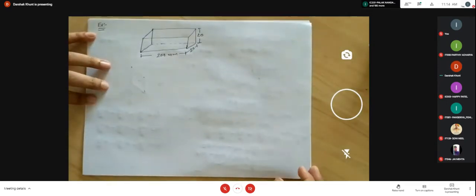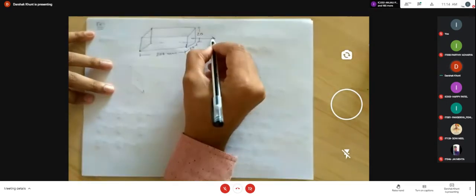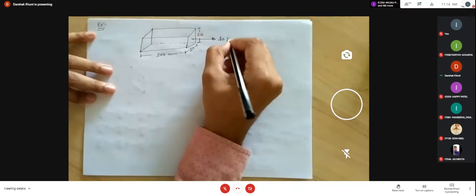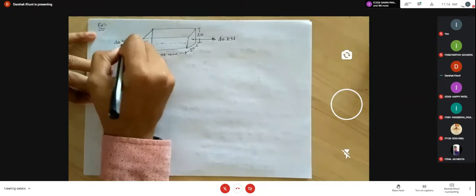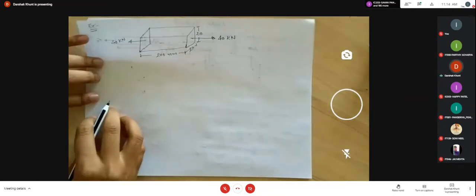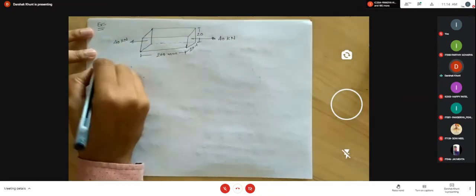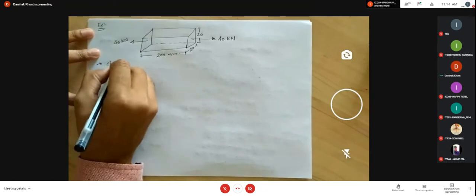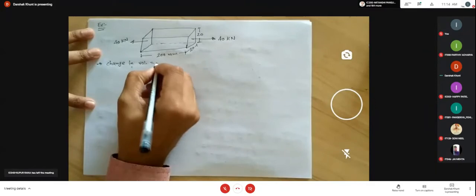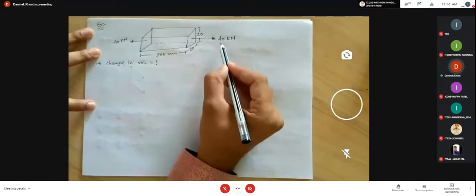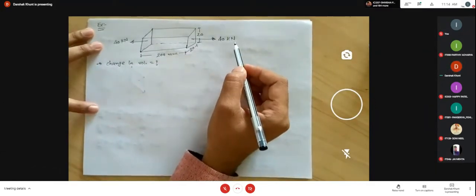Okay, now here a force of 40 kilonewton acts. So you have to find out the change in the volume under the effect of this 40 kilonewton tensile force.